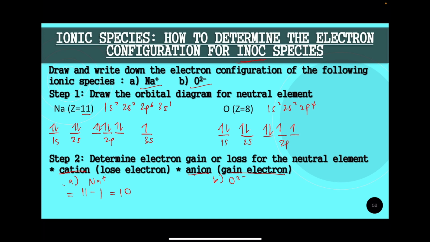Okay, for the oxygen ion, since it is an anion, it will gain electrons, and there are 2, so the total electrons in the oxygen ion O2- is 10 electrons. Okay, 10 electrons in the oxygen ion.